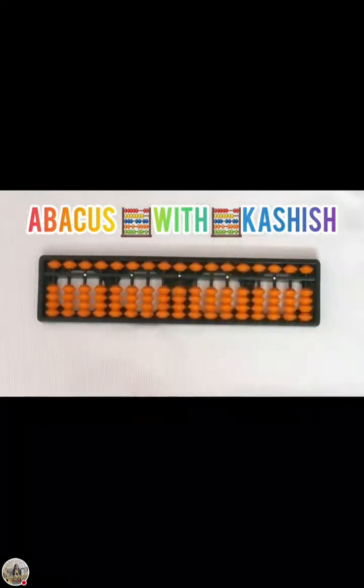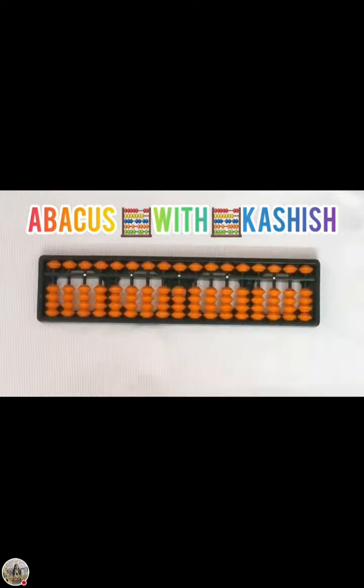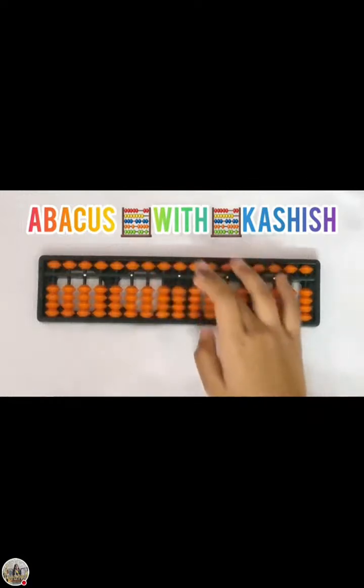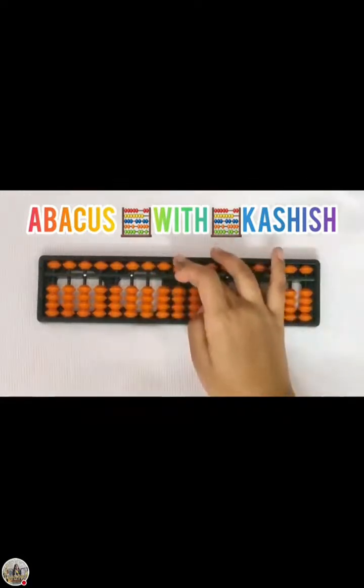But if I want to do something greater than 4, like 5, 6, 7, I will have to take the help of the upper beads present over here. The value of one upper bead is 5. So, if I want to add 5 here, I will add it like this.